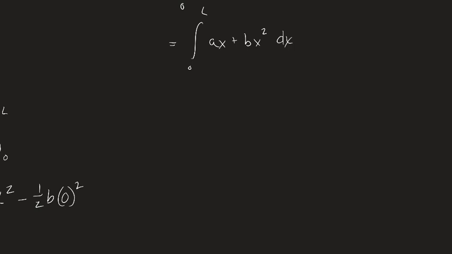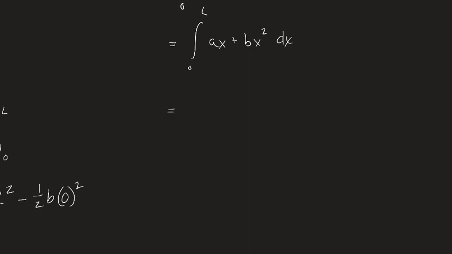Now, I could do this the same way I did it last time, meaning I could distribute the dx and do this as two separate integrals. This time, I'm going to choose not to, purposefully, so that I can show you that you can take this as a term and just use the polynomial rule on each term. And that's what I'm going to do.